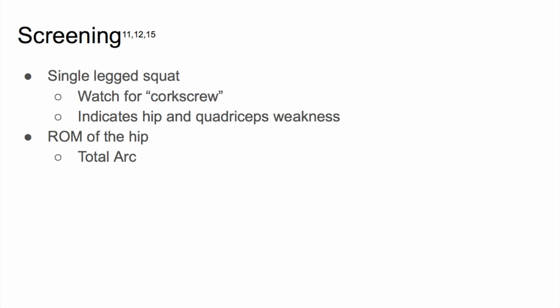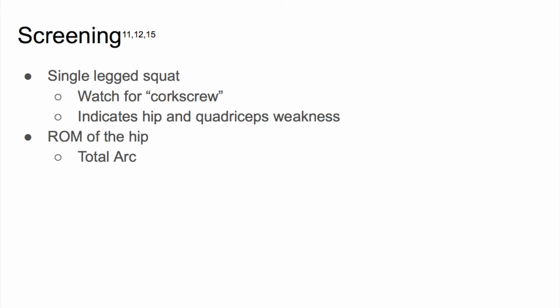We can do this by just assessing to see if there's a corkscrew type motion of the knee, which would cause the knee to adduct towards the midline and medially rotate for abductor weakness, and inability to do the single-legged squat could also be caused by weakness in the knee extensor.